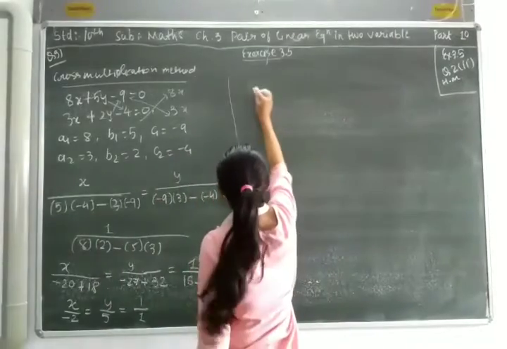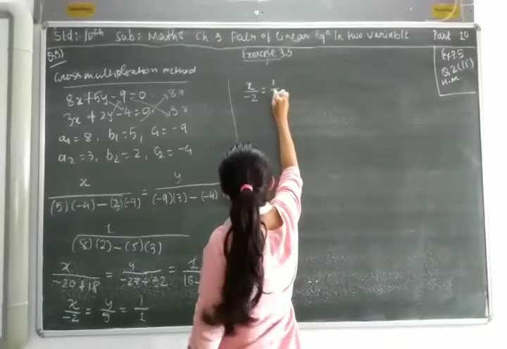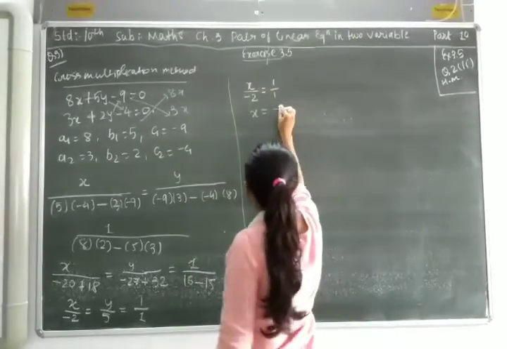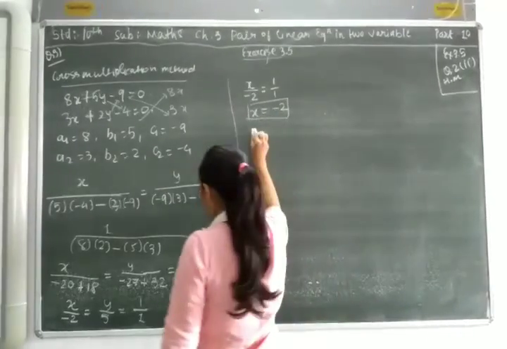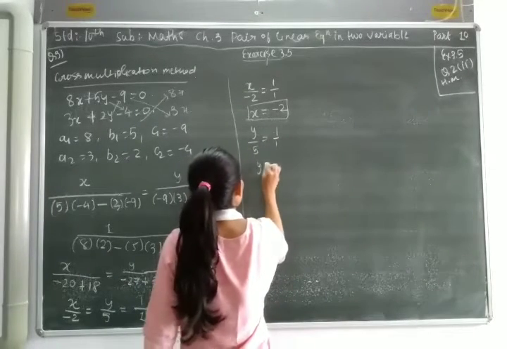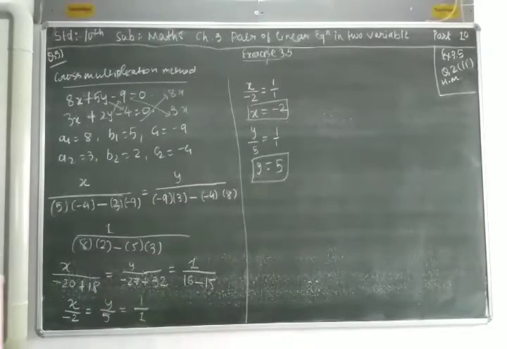Now comparing x minus 2 with 1 upon 1. Okay. So x, I am taking this 2 in my denominator. So x equals to minus 2. Now y equals to 5. 1 divided by 1, so y equals to 5.